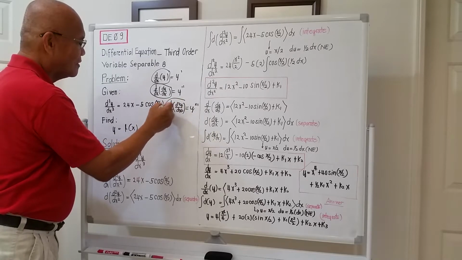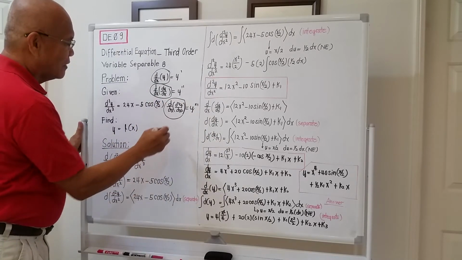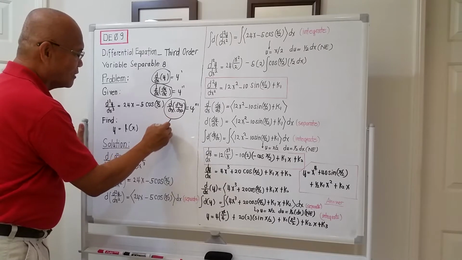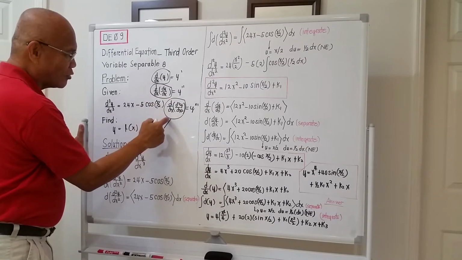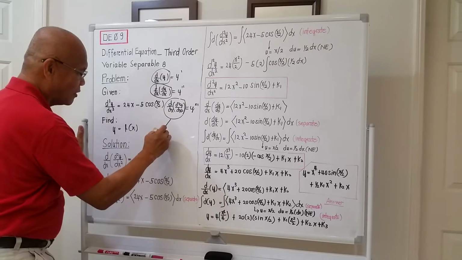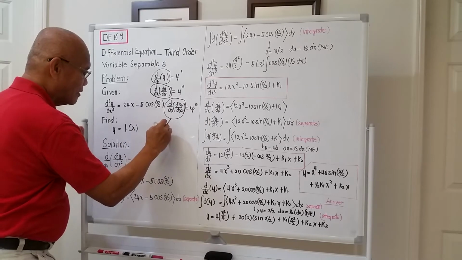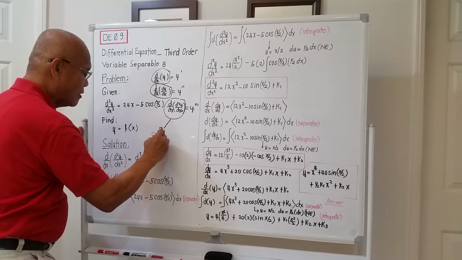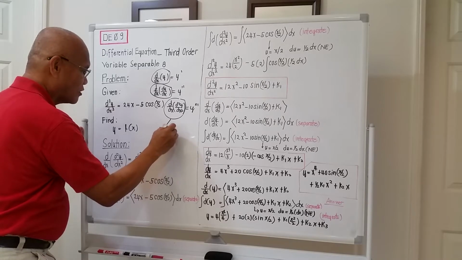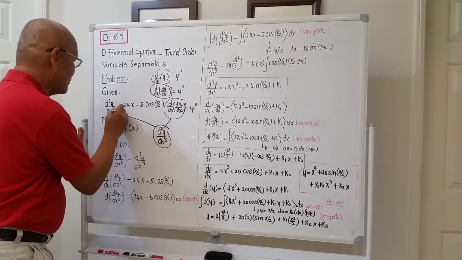Okay? And do you know that the equivalent of the derivative with respect to x of the second derivative is actually d cubed y over dx cubed? It is the given problem.